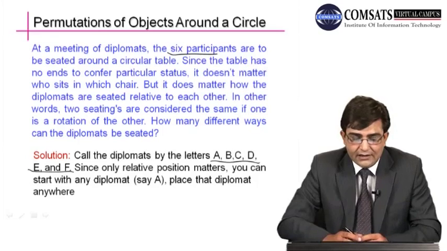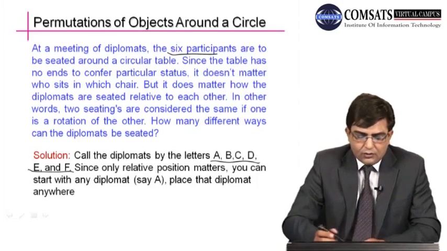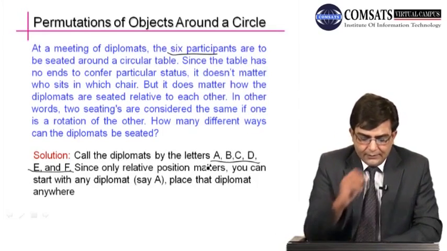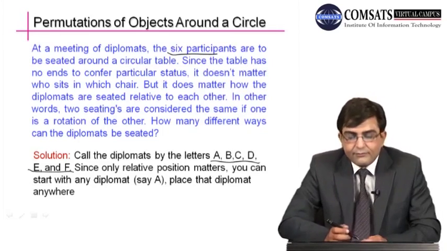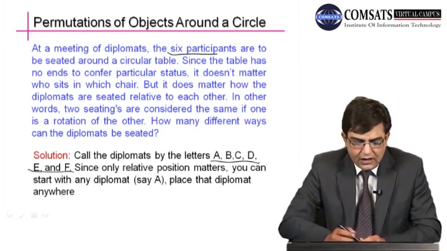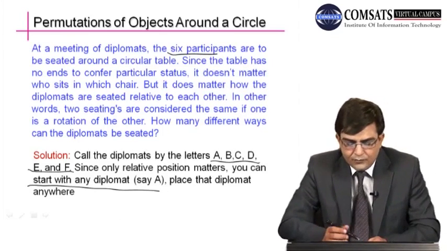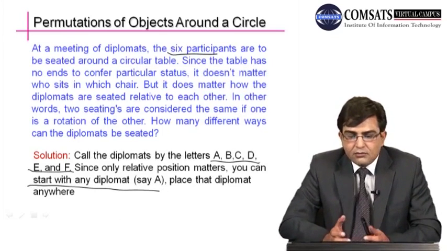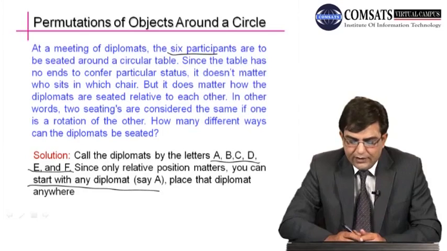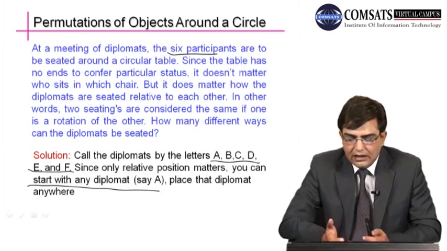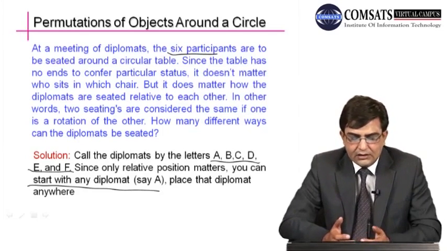So we fix the starting point and then we can calculate the permutations. Since only relative position matters, you can start with any diplomat, either A, B, C, D, E or F.